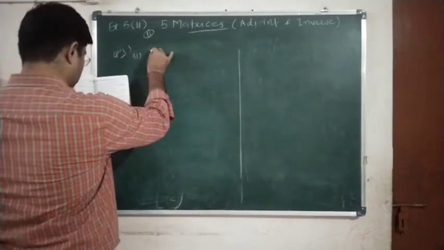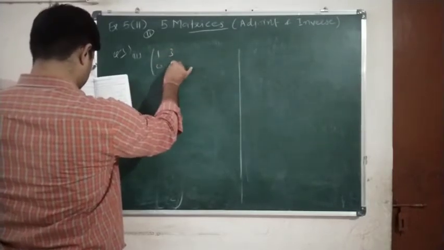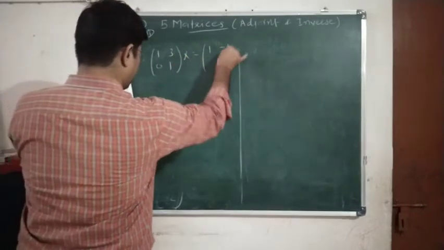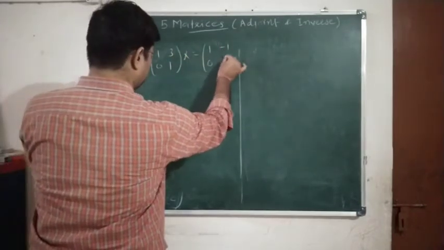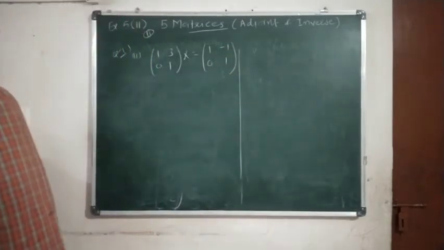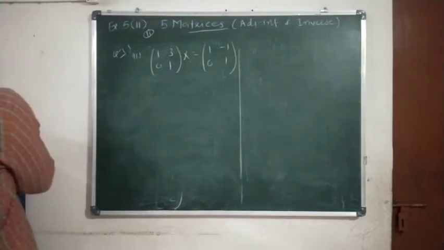It is given that X is a matrix of order 2 by 2. We are directly given a matrix equation over here. Yes or no?